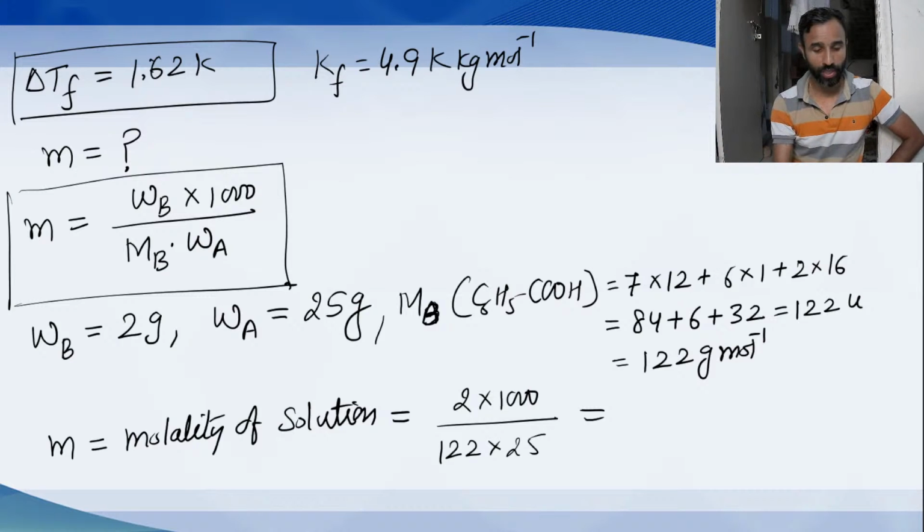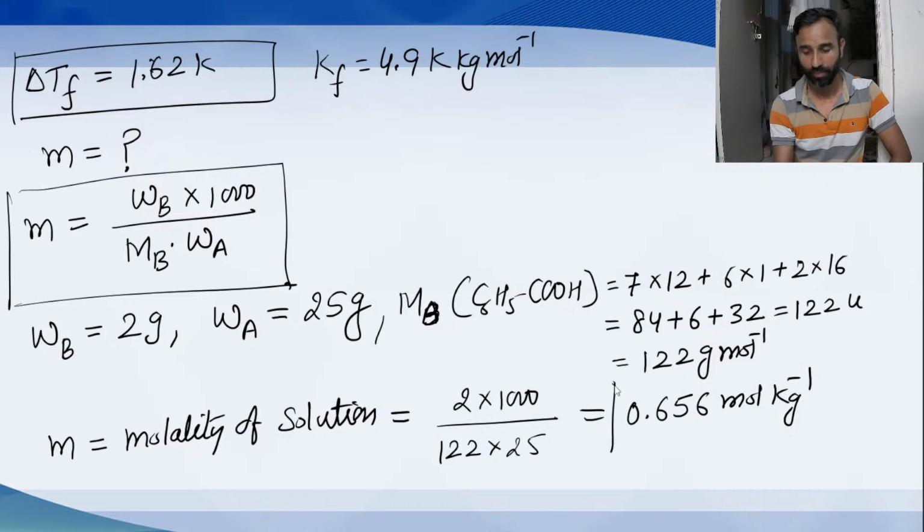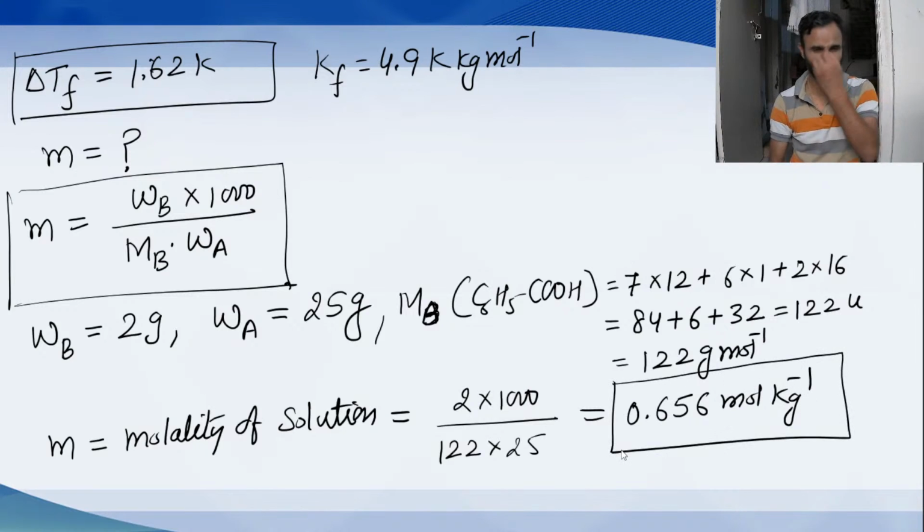It is 0.656 mole per kg. This is the first part. Now after calculating molality, we calculate next, that is i.